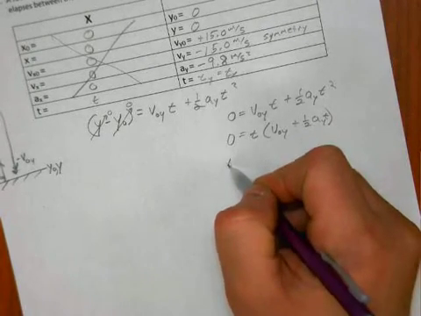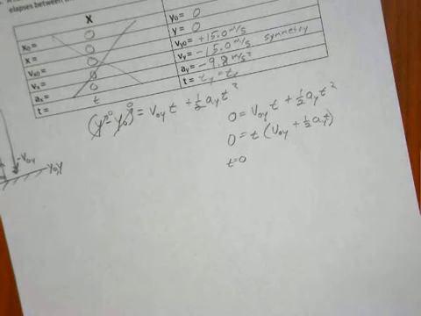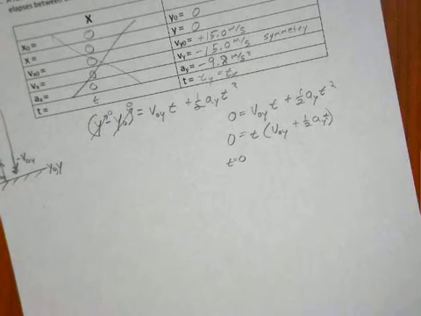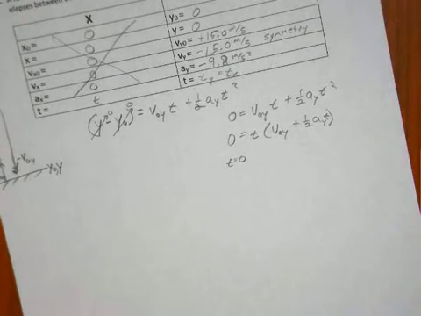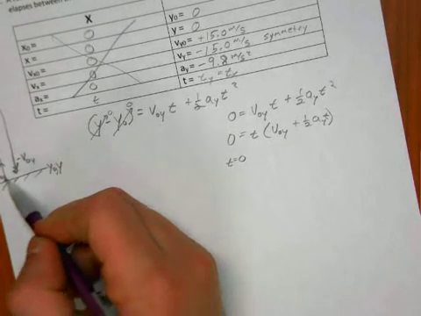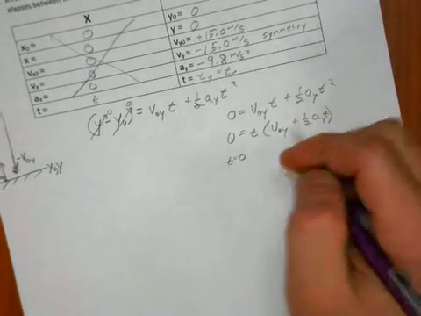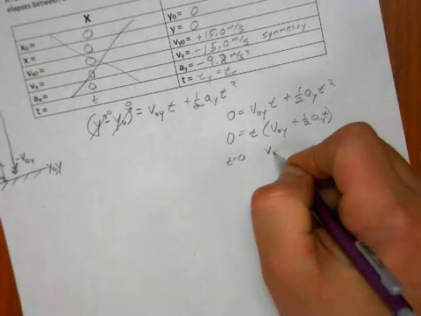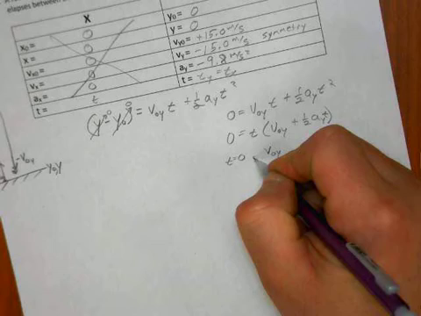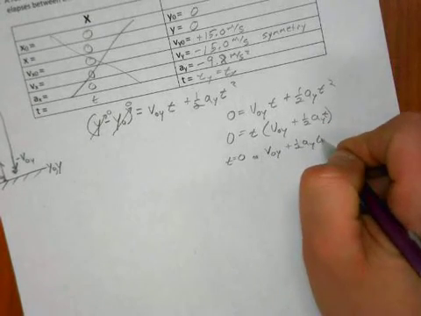Either t equals 0, which is mathematically a correct solution, but physically it doesn't make sense because you're looking at the time it takes to go up and then come back down. 0 is just a time at which the object is at that point, which of course you know it is at the beginning, but you don't learn anything from that. Or v0y plus 1/2 ay t equals 0.